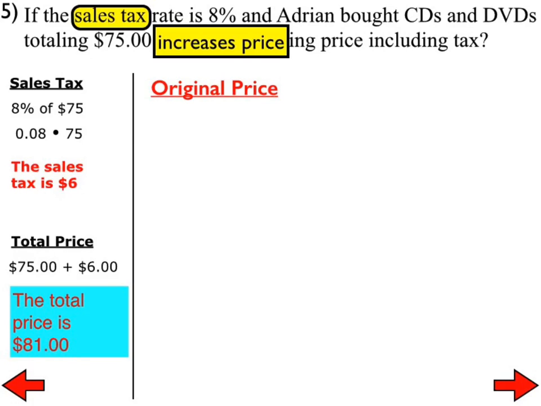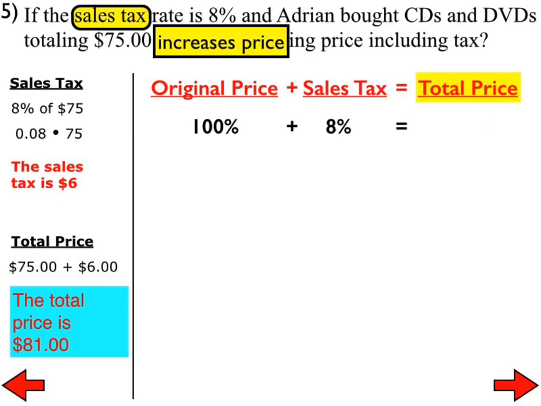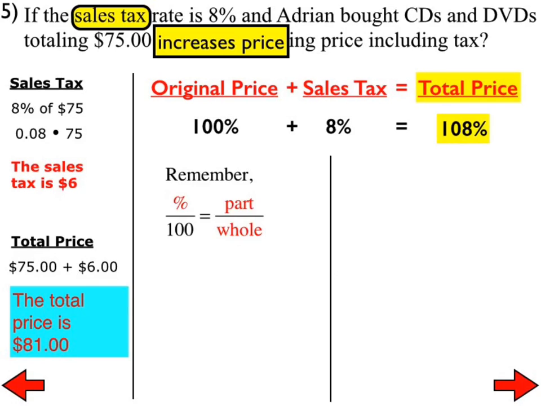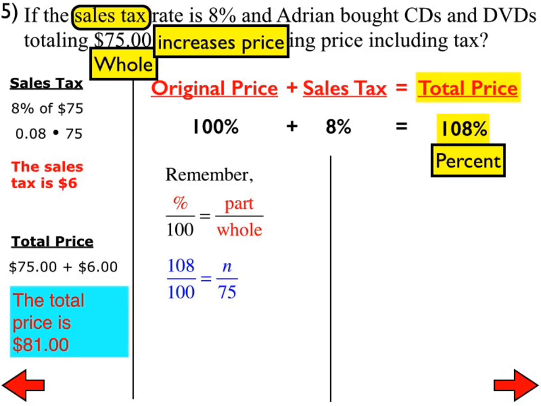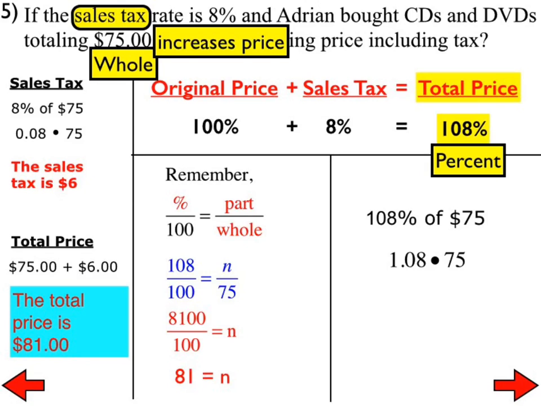With a proportion, we use 108 over 100 because that's the percent that we're now going to pay. And the 75 represents the whole. The fastest way is by finding the percent of a number, so we would find 108% of $75, but regardless of which method you use, we should get $81 for the price.